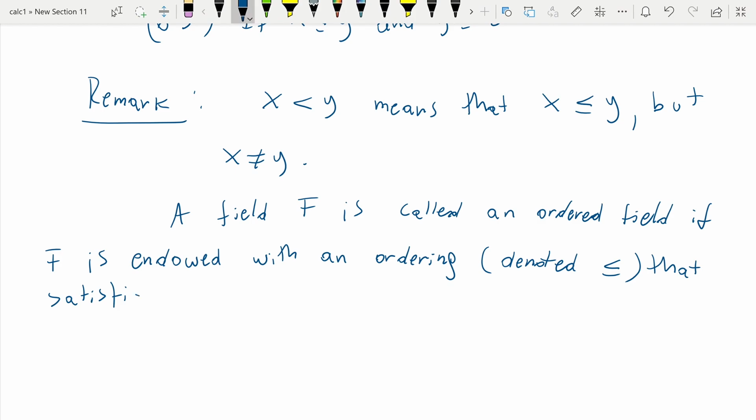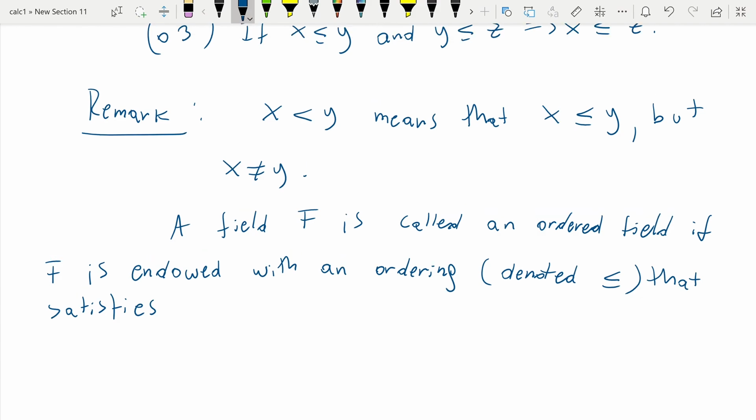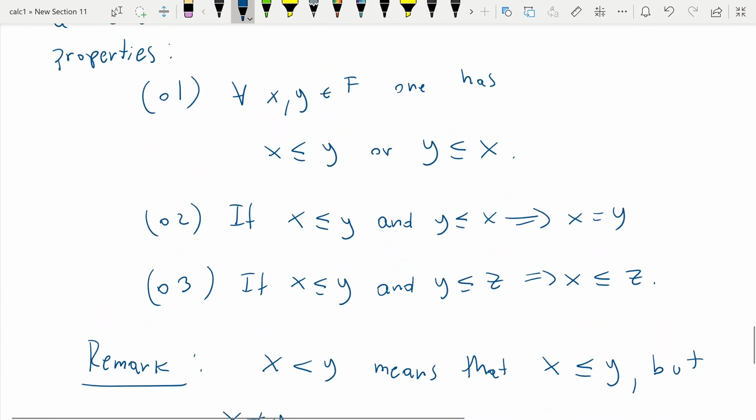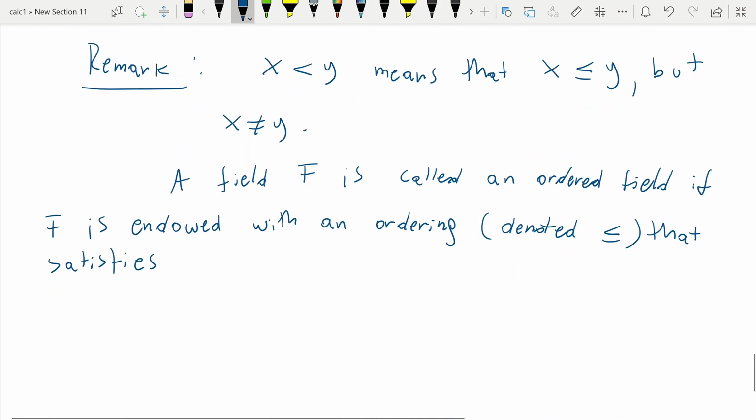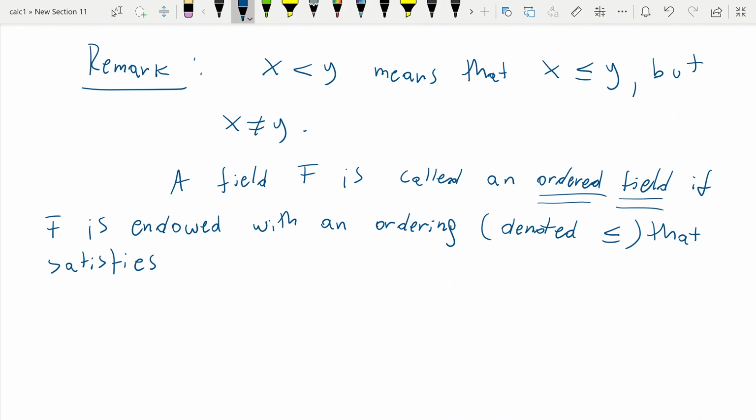Now we want some things that are compatible with the algebraic structure of the operations. I mean, here in the definition of order, there are no operations because the set need not be a field. But since we want an ordered field, we want some extra properties, that is, we want certain statements to be true that involve both the ordering and the operations.